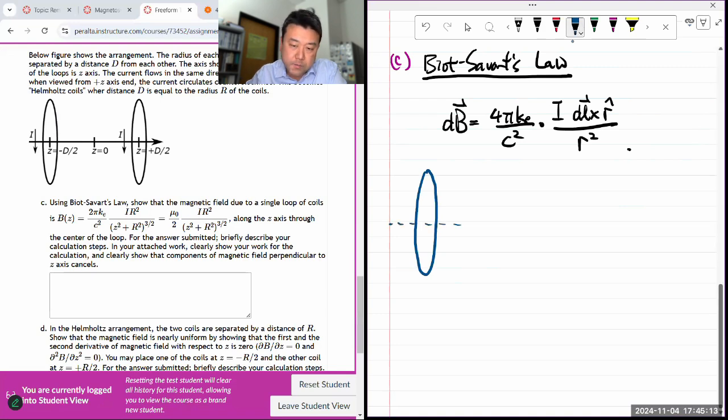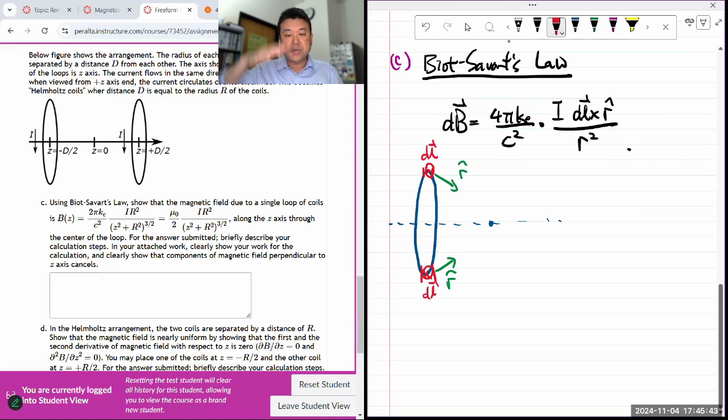one of the arguments that will help you with the calculation is to consider two representative current segments. One here at the top, I guess that's coming out of the screen. At the bottom here, that's going into the screen. Your direction of r hat is this way, r hat is that way, and this would be the direction of dl.